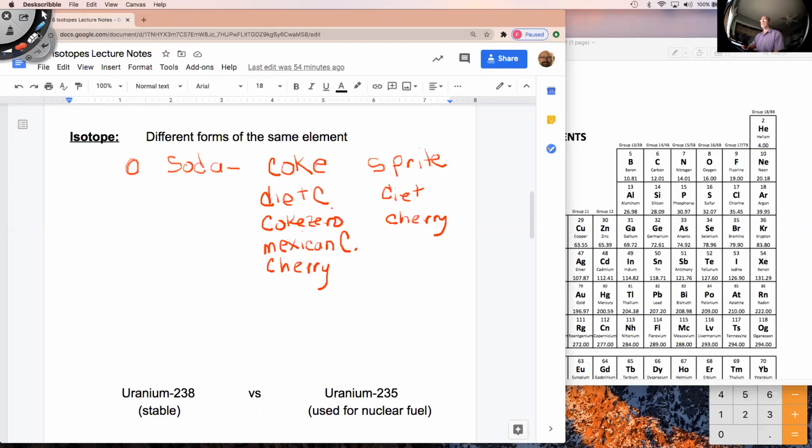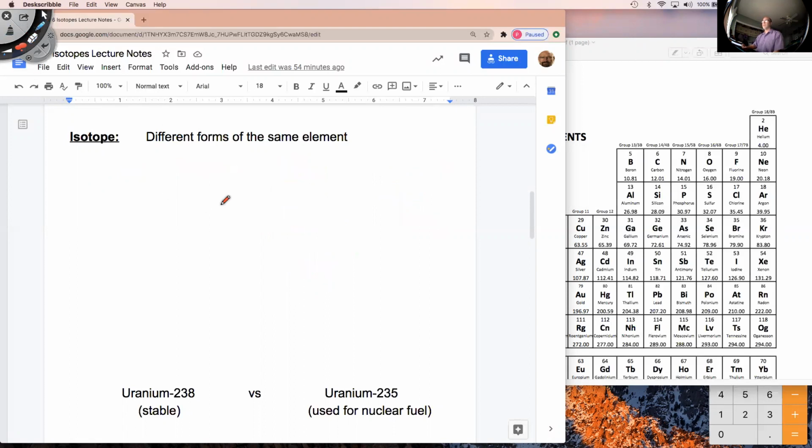So let's actually take a look at elements, and we'll look at oxygen. Oxygen has different types of isotopes.